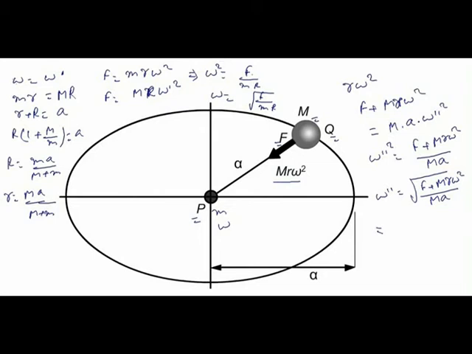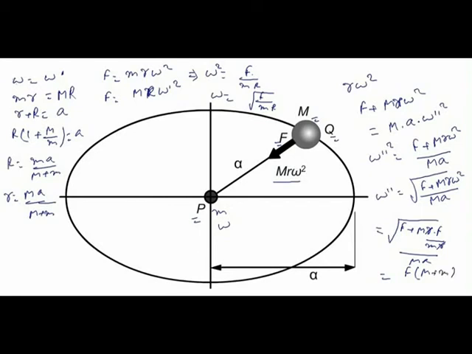Since omega square is equal to capital F by m r, we can put the value of omega square here. So omega double dash square will be equal to F plus M r into F by m r, by M a. We can cancel out r here.